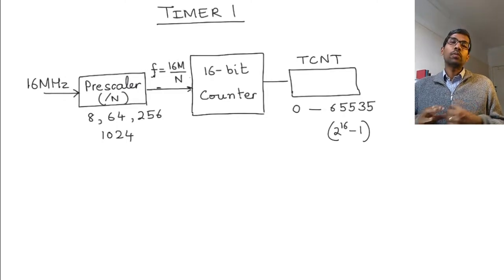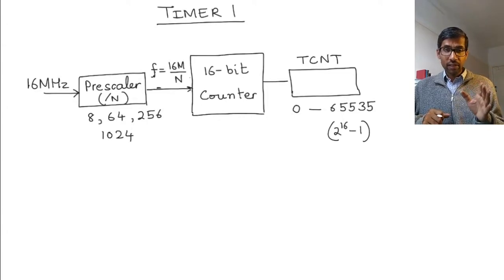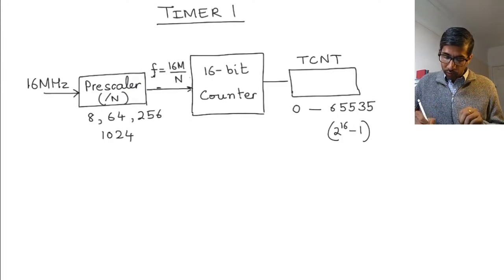Okay, so how do I time events using timer 1? Let's take two examples. In the first example, here's what I want to do. Let's say in my microcontroller I have this pin, and this pin is connected to some device which is giving an input.